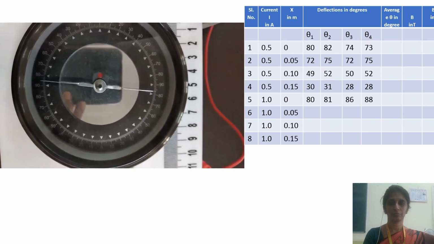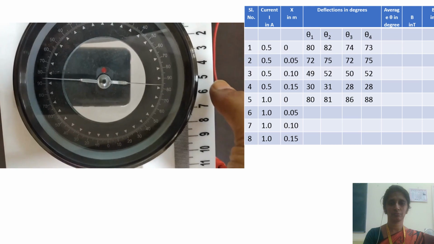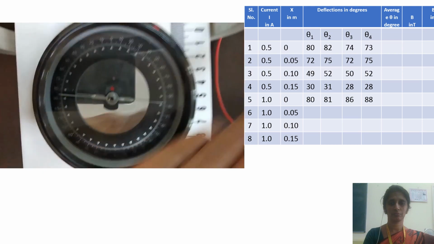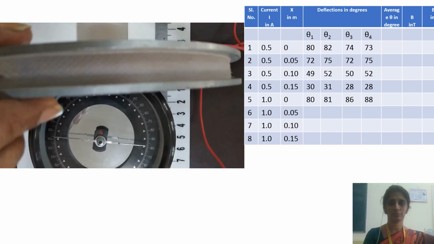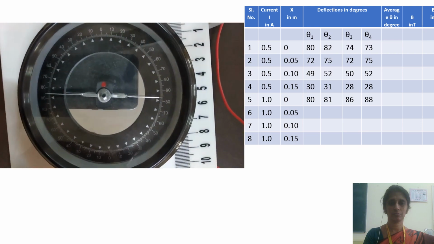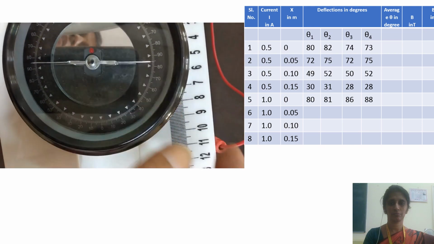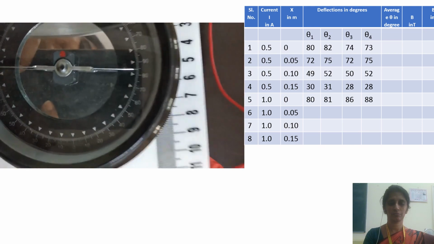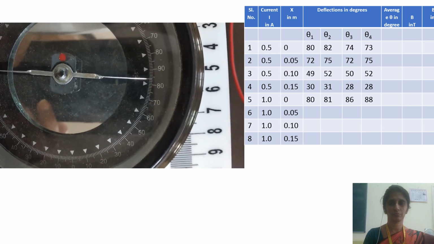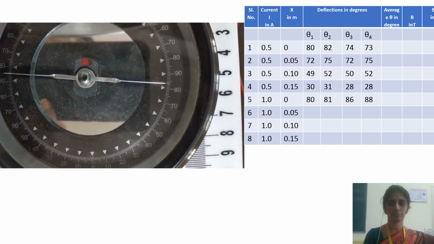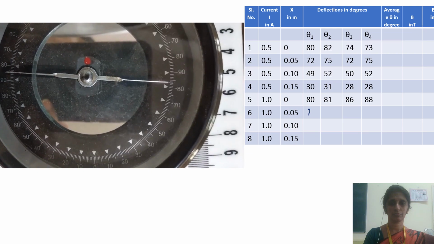Now the compass is 5 centimeter away from this coil. Now theta 1 and theta 2 we have to note down. Theta 1 appears to be 84 and theta 2 appears to be 85.